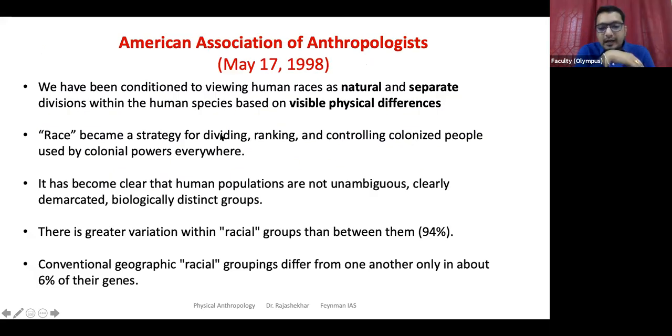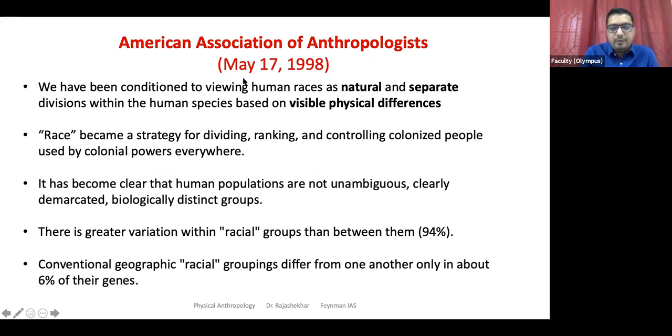Even to clarify this further, you can also cite the American Association of Anthropologists, who also made a declaration on this. They said the race concept had taken a very wrong turn. So anthropologists came together, and as per them in 1998, they provided a statement on the concept of race.